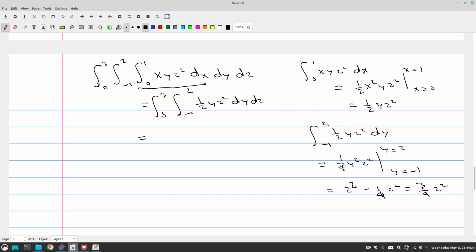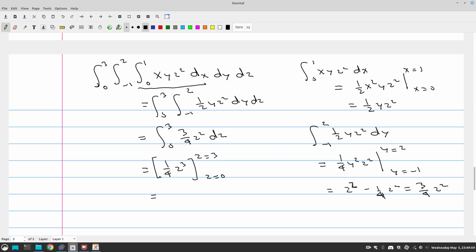So we are now going to evaluate the integral from 0 to 3 of 3/4 z square dz. Okay, so this is actually equal to 1/4 z cube, right, from z equals 0 to z equals 3.